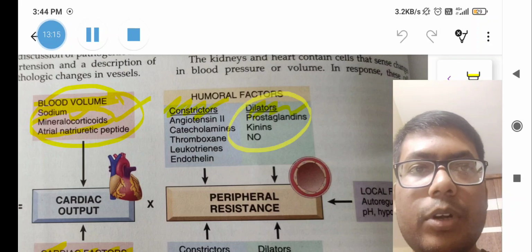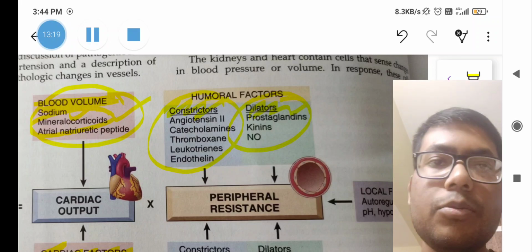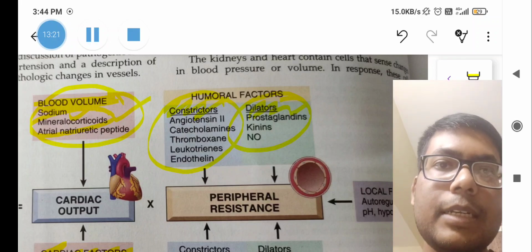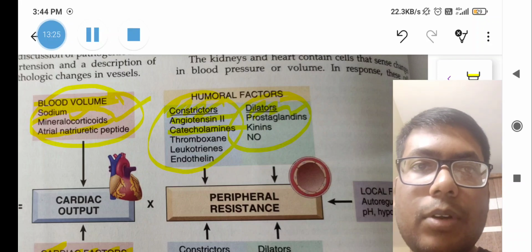These are very important. These are mentioned in Robbins, and these are also MCQs in NEET PG. The constrictors: angiotensin II is very important, catecholamines, thromboxane, leukotrienes, and endothelin.